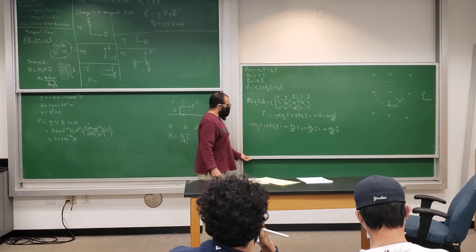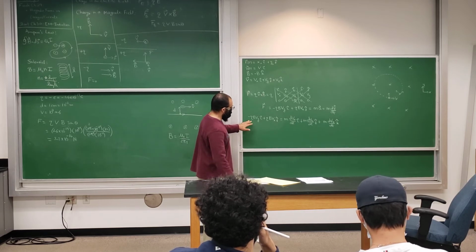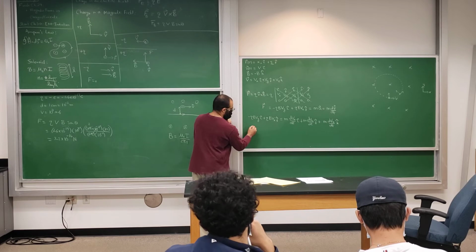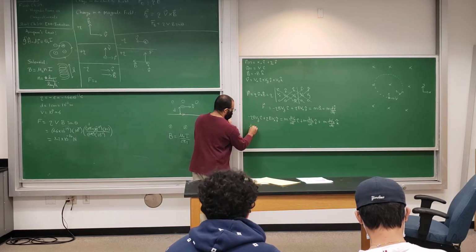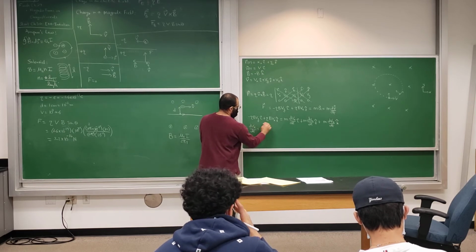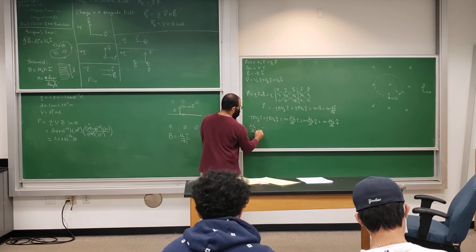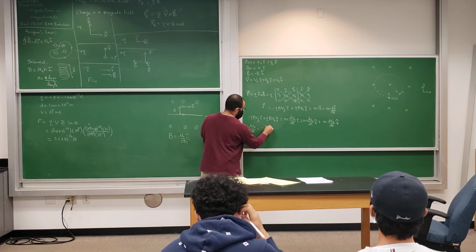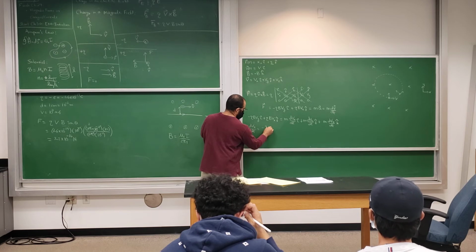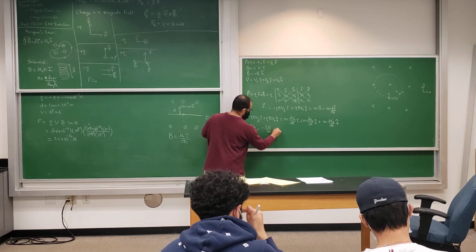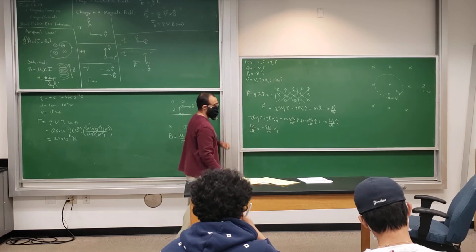So good. So here's what this one gives me. I'm going to equate the i hats together, so I got this. The x component dvx/dt will equal to this, minus qB over m vy.